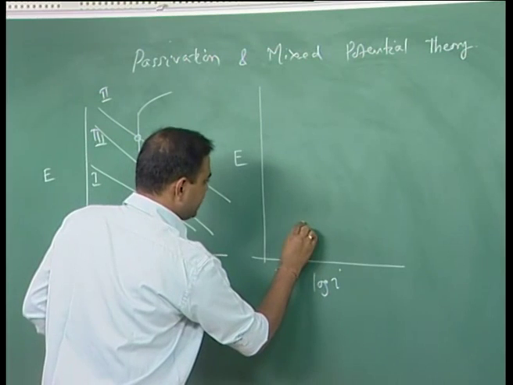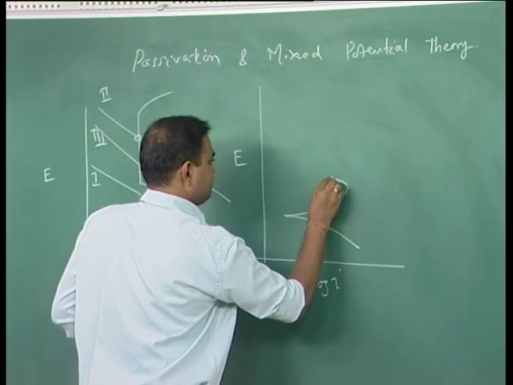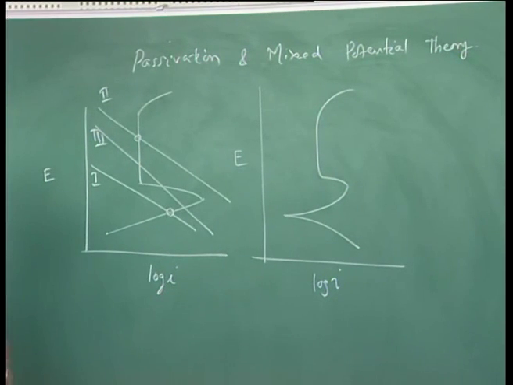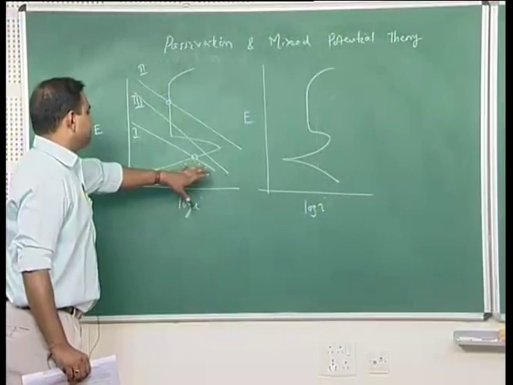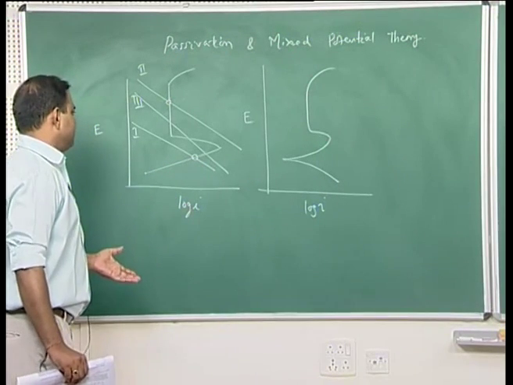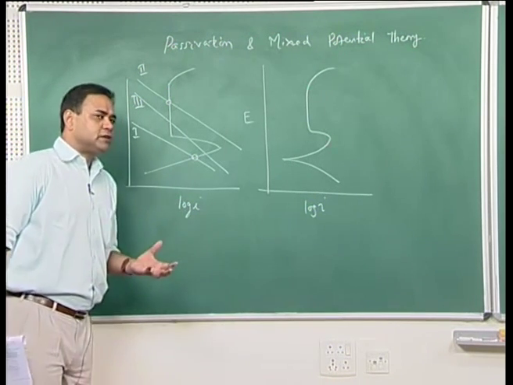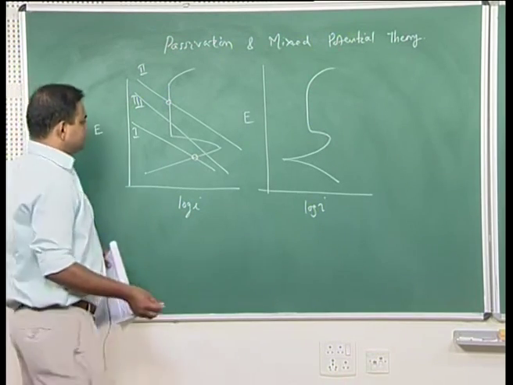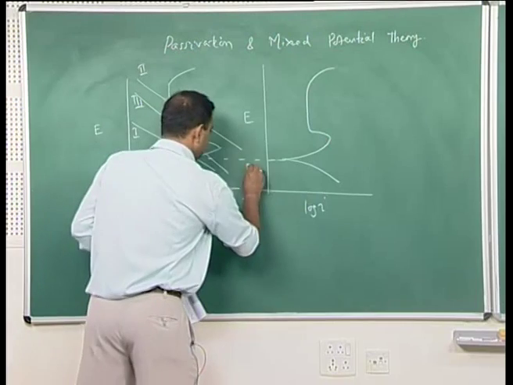First case it would look like this, because actually you have to see the difference in currents or difference in current density between cathodic current and anodic current. Now, this is in the first case where this would be your E corr.